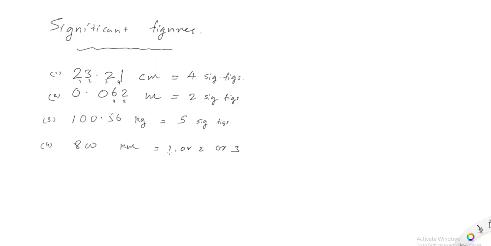But if somebody says this has 3 significant figures, then you know for sure the distance between 2 points is 800 kilometers. But if you write it this way, 800.0 kilometers, now you know for sure there are 4 sig figs.